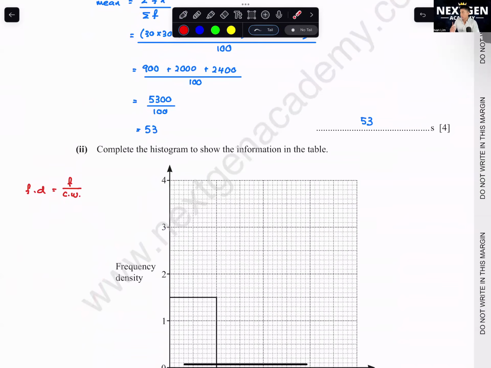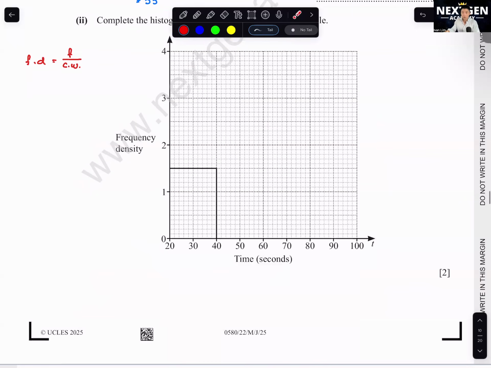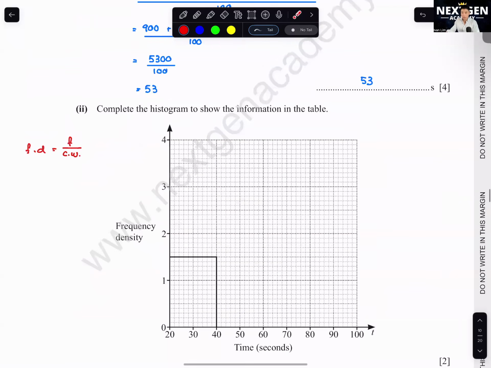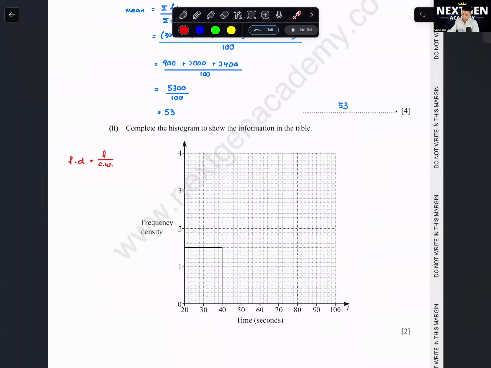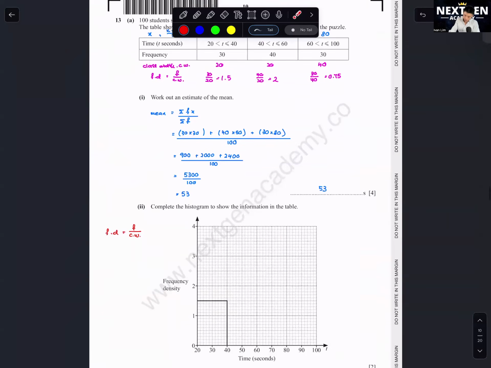According to this question, because if I look at the mark scheme, let's say you don't get the marks for your final one, that means you maybe draw the thing wrongly. If you calculate the FD correctly, let's say you show the working 40 over 20 and 30 over 40, you will actually get 1 mark out of the 2 marks. Lenient, right? That is how they give you the marks. So write down your workings.